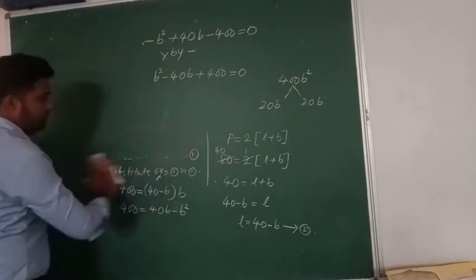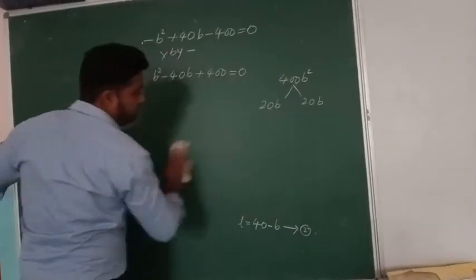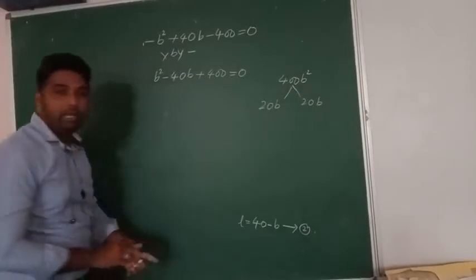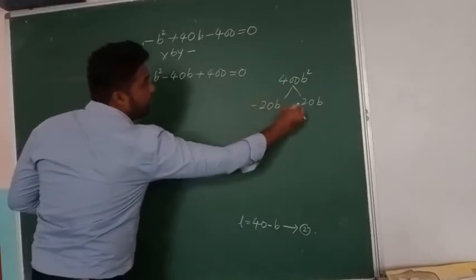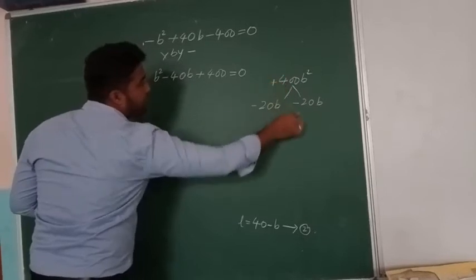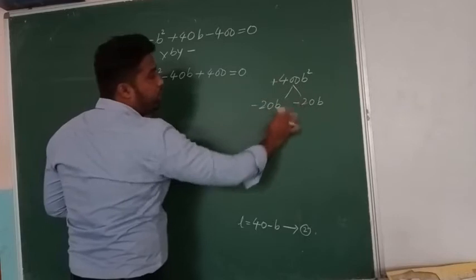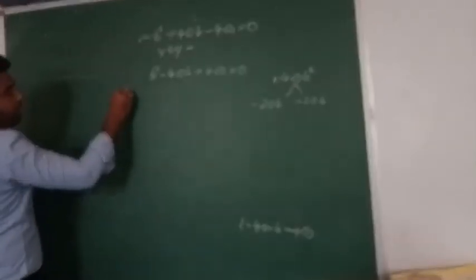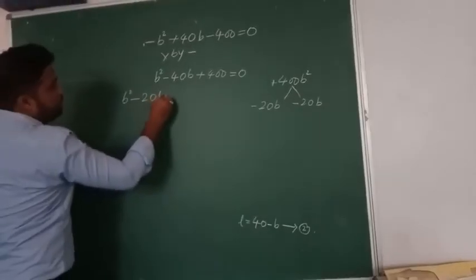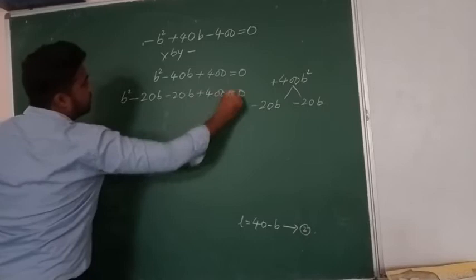Observe the sign here: it is minus, so both should be minus, and this is plus, so minus of minus becomes plus 400. 20 into 20 is 400. Let us substitute here. It becomes B square minus 20B minus 20B plus 400 which is equals to 0.